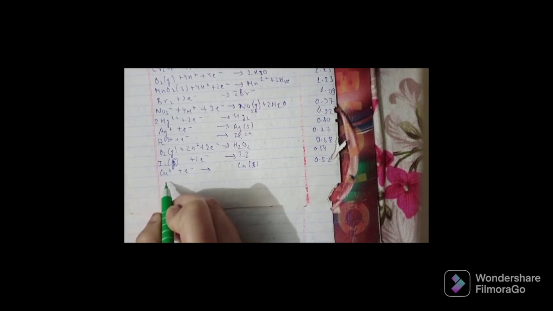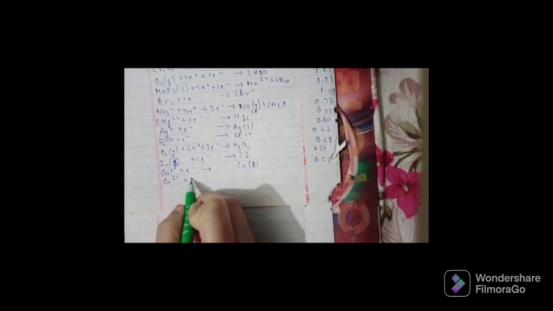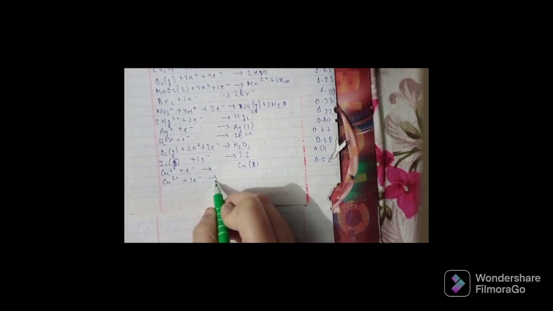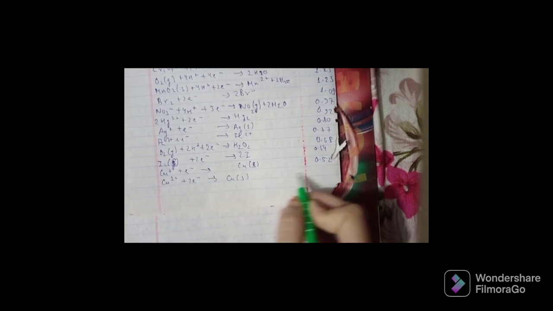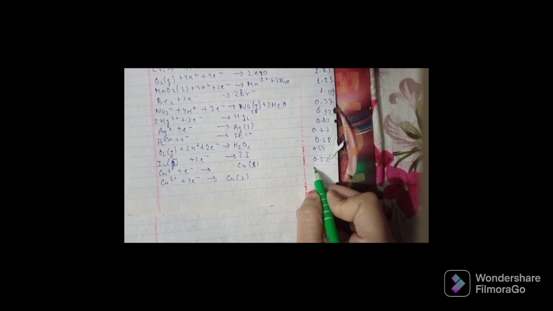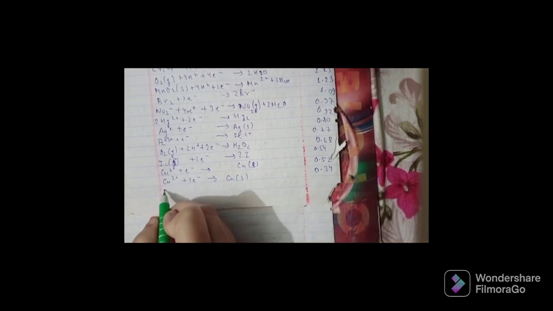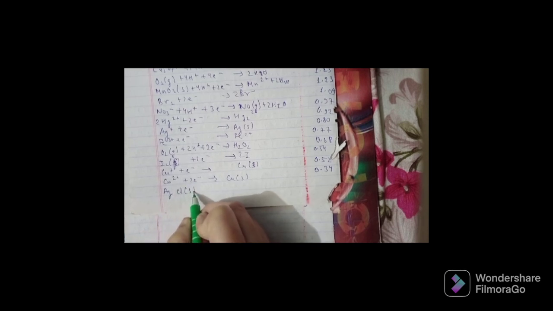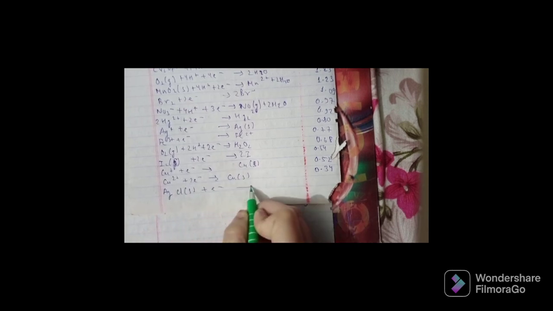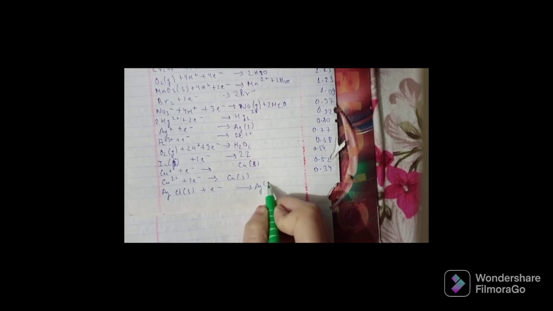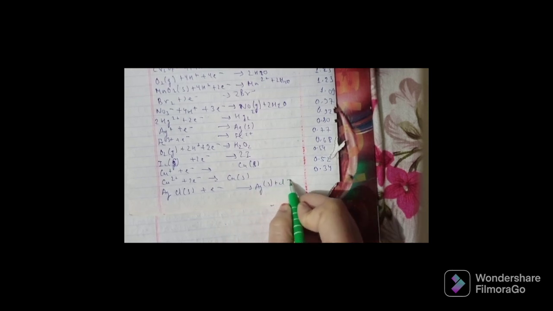Another we have here is Cu2 plus 2 electrons, it will give you Cu in the form of solid, and the value in this change is 0.34. Next is AgCl in the form of solid plus electron, it will give you Ag in solid plus Cl minus.